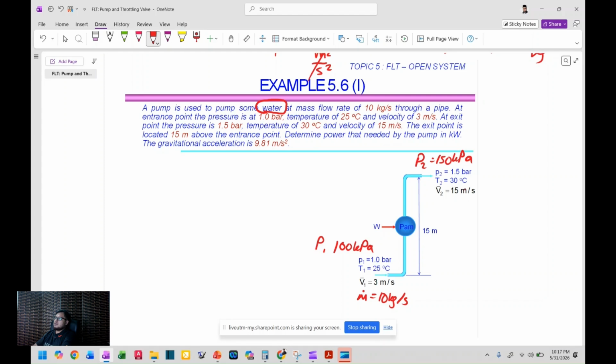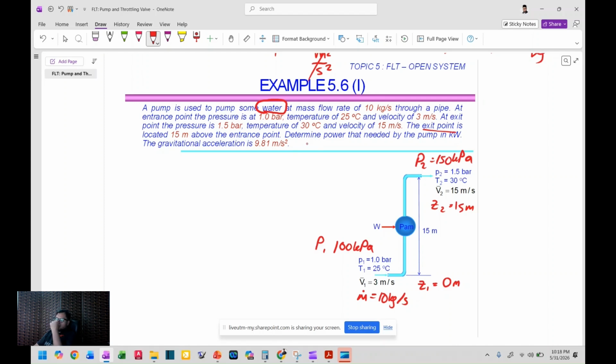Temperature is 30 and velocity is 15 meters per second. And the height is given: the exit point is located 15 meters above the entrance point. So you can say Z1, position 1, is at 0 meters, and position 2 is at 15 meters.